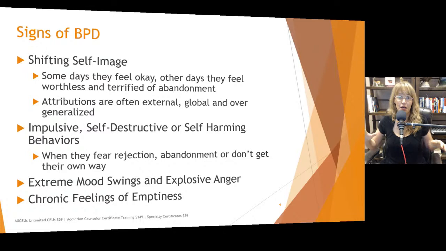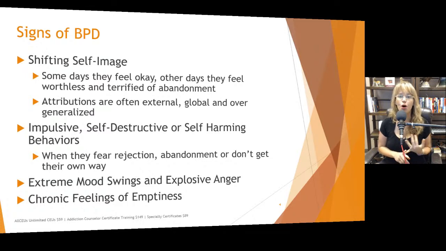It's on either a yes or a no, a happy or a rageful. There is very little middle ground where they're just kind of irritated. So you've got to remember that with borderline personality disorder, it is a personality disorder of extremes.